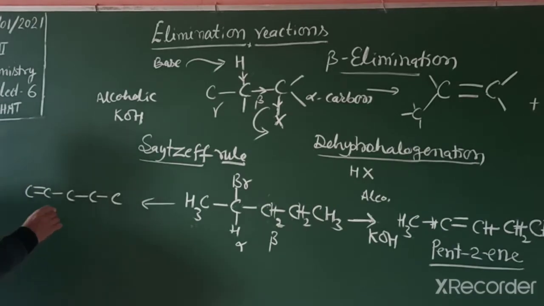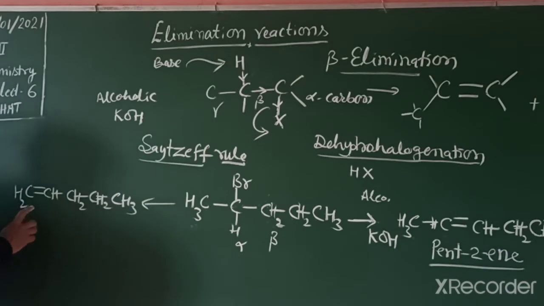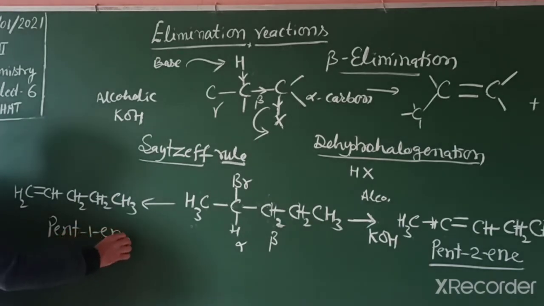So like this, CH2. What is the IUPAC name of this compound? 1, 2, 3, 4, 5 carbons, pent, and the double bond between first and second, so pent-1-ene, or we can write normally pentene.